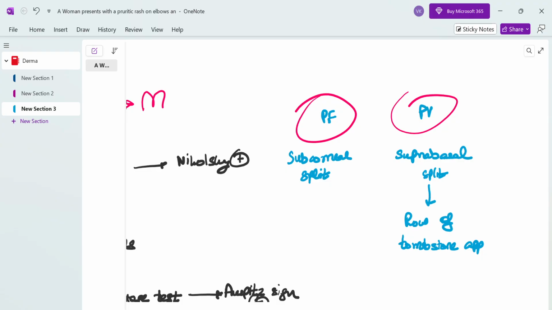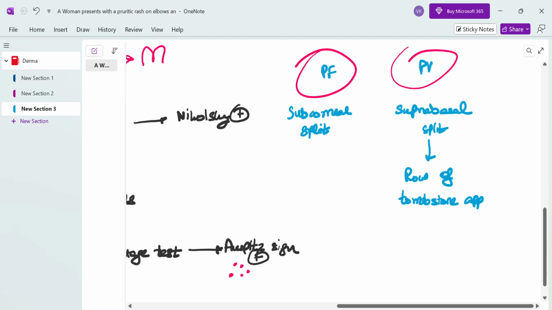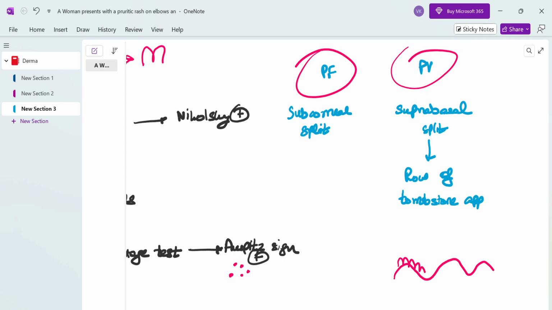So it presents with both blisters and raw areas in skin and mucosa. Because of the suprabasal split, we get a row of tombstones appearance on histopathology. What it means is that these are the stratum basale cells, and the upper layers of the epidermis are separated. This is the split, and here we have the fluid, and the stratum basale cells in a row appear like tombstones. So, row of tombstones.